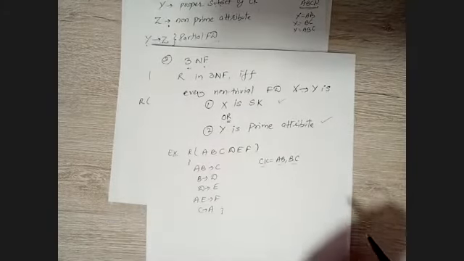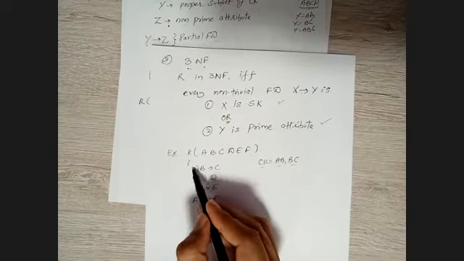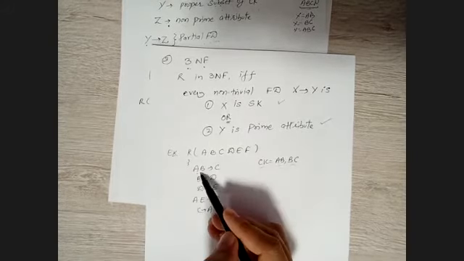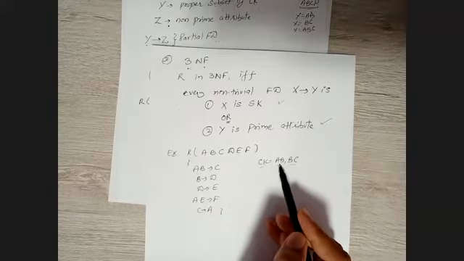So now let's check which one is in 3NF. See this one: it says that X is a super key. AB is a super key. We have seen every candidate key is a super key, but every super key is not a candidate key.